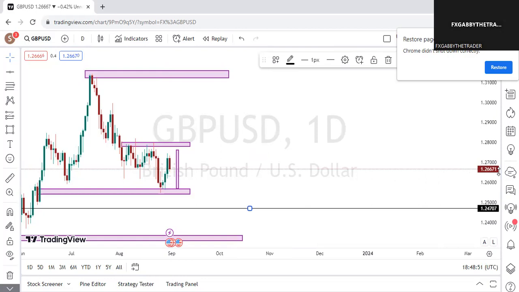Now we write it: 1.26666. So that's the current market price for GBP USD right now, as at this current time we're talking.